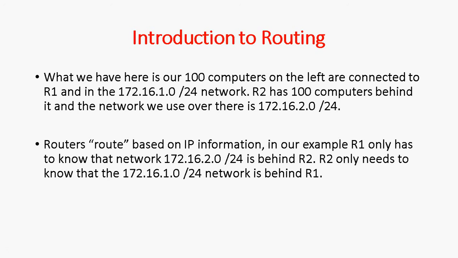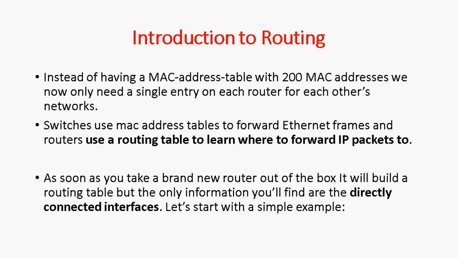So R1 wants to learn R2's LAN network, and R2 wants to learn R1's LAN network. So instead of having a MAC address table with 200 MAC addresses, we now only need a single entry on each router for each other's networks. So this is the main point.